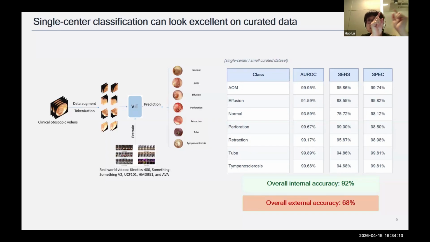And the size and the color of the cover differ between centers. And also the otoscope light, the brightness of the otoscope, and the camera series are different. Some centers use one brand's otoscope, some others use another brand, and even this small difference can cause the performance to change.